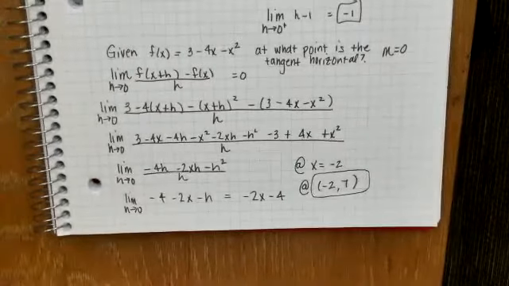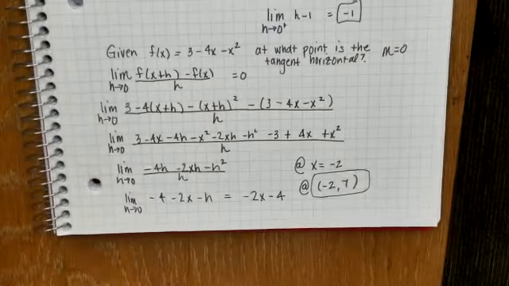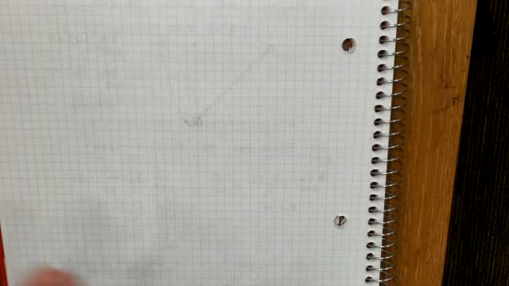Let's do one more. Let's take a look at a word problem. If you have your book, we're going to look at number 24, page 88. Rocket launch. So I'm already assuming there's going to be some kind of velocity going on here.